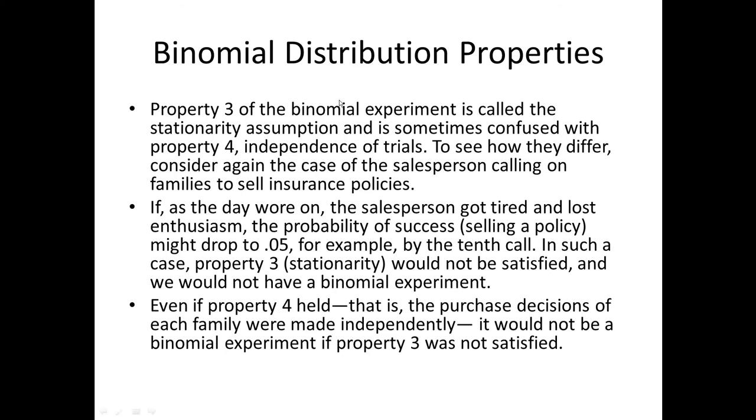Like I said, property 3 is what you call a stationarity assumption, and there are some situations in which it does not hold. For instance, if you are a salesperson reaching out to customers, customers could sign on to your program, or make a purchase with some probability, and they may not make a purchase with probability 1 minus that probability.